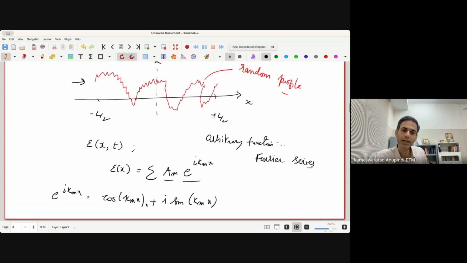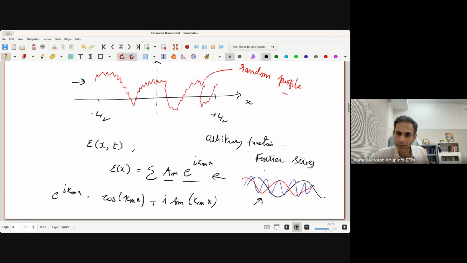So what we're saying is that any function that we have can be represented as a linear superposition of sines and cosines, right? If I were to plot these sines and cosines, then by appropriately taking these magnitudes and looking at different sines and cosines, their combination, I can represent any function, right?